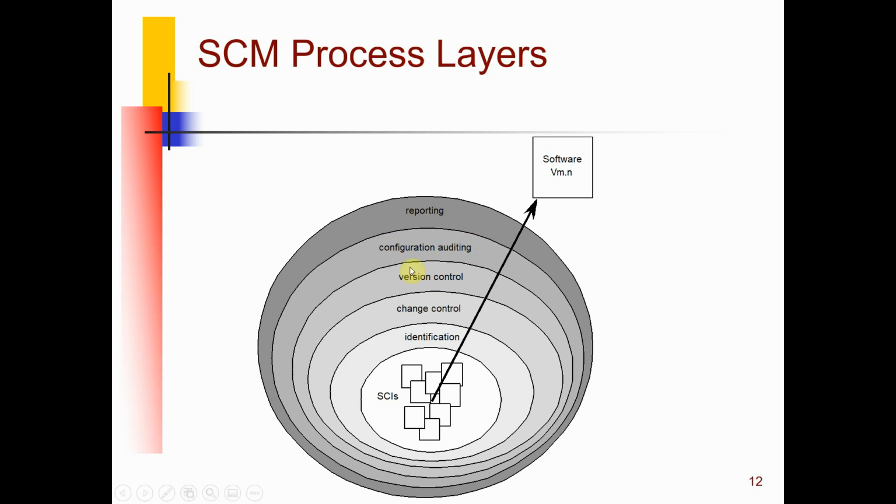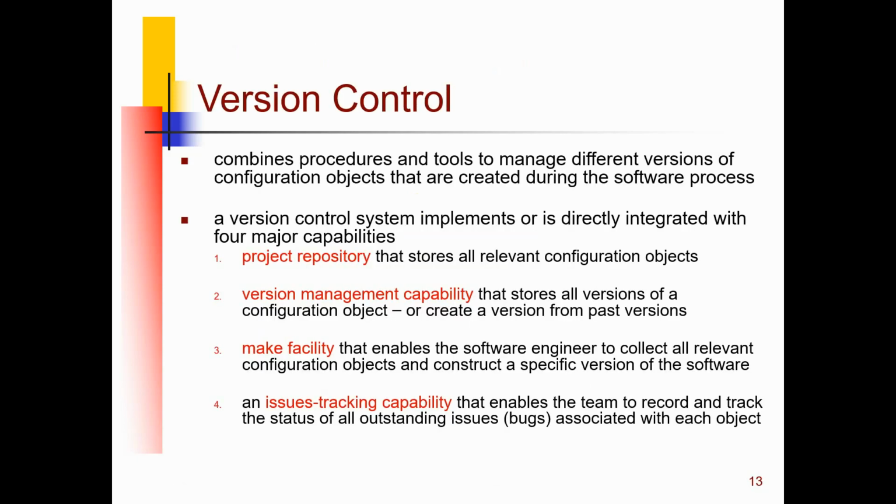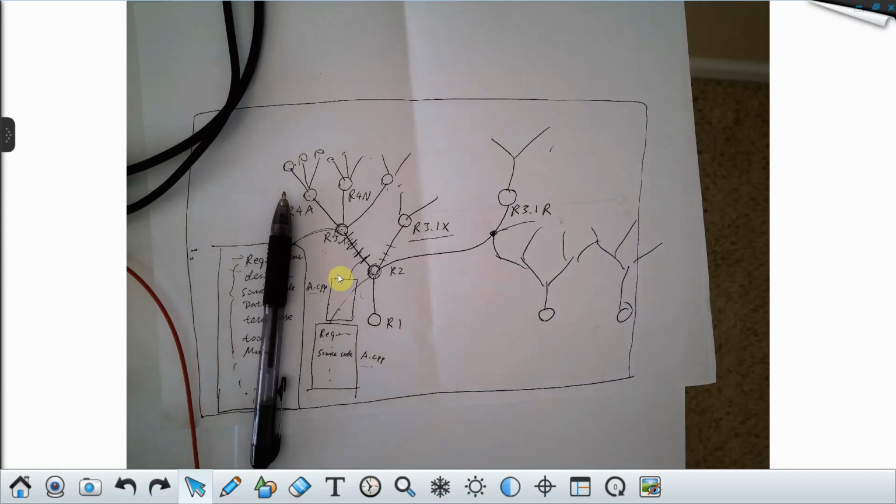Okay, so we have these SCM layers. Version control combines procedures and tools to manage different versions of the software. And the version control system will have these major capabilities. Of course, first, the project repository.